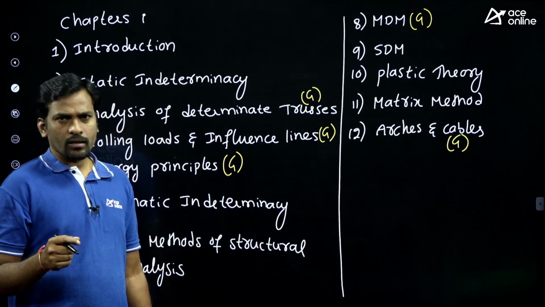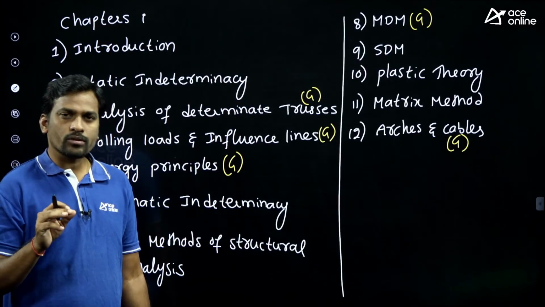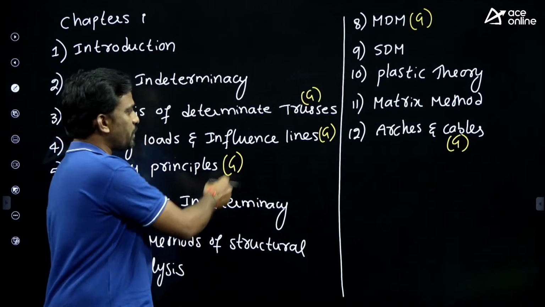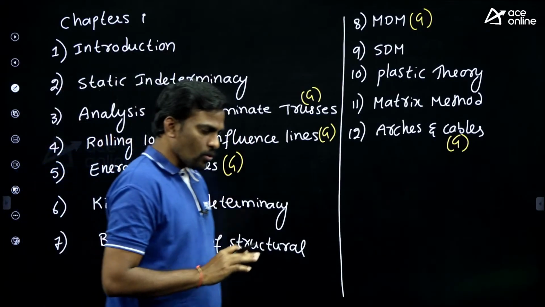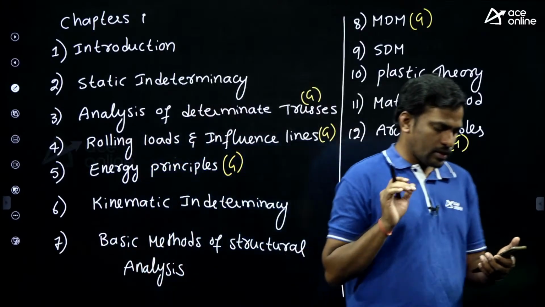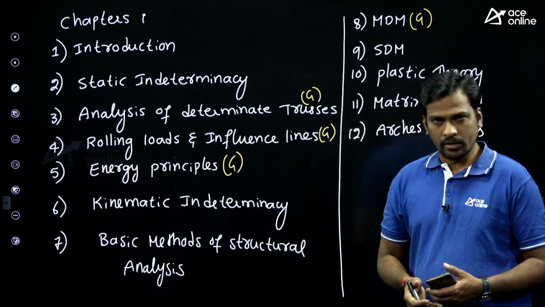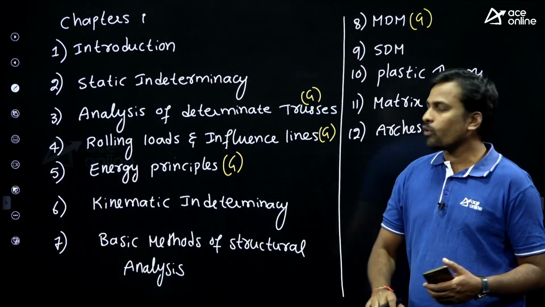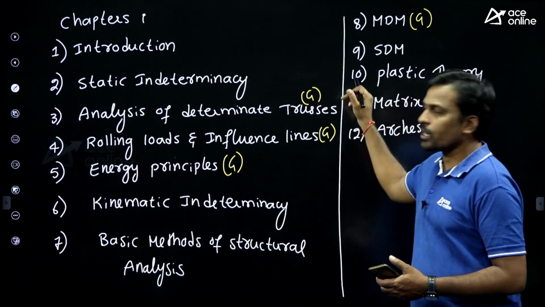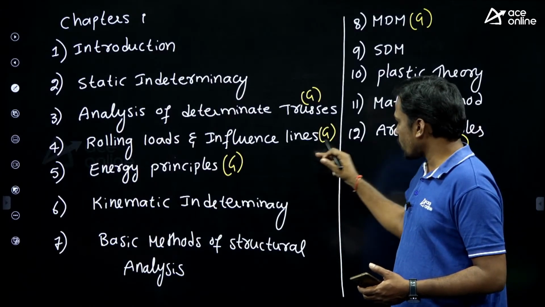In GATE you will see 2 marks questions and 1 mark questions. You can expect 2 marks questions from these chapters only. I'm not saying other chapters are not important. Other chapters are also important, but you have to focus more on these chapters. Maximum marks you will get from these chapters only.